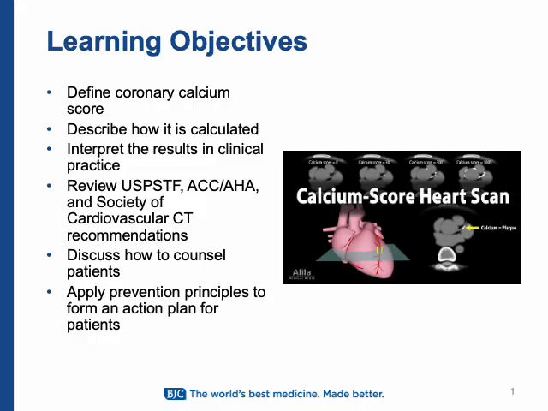After that, we'll talk about how to counsel patients, since many people become anxious about the results, or they have unrealistic expectations about what the scan can actually say or do. And finally, we'll look at how to use prevention principles like risk factor modification, lifestyle counseling, and medication decisions to help patients create a practical action plan based on the results of the scan.